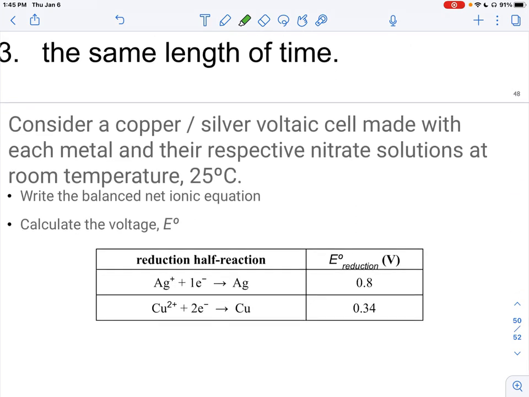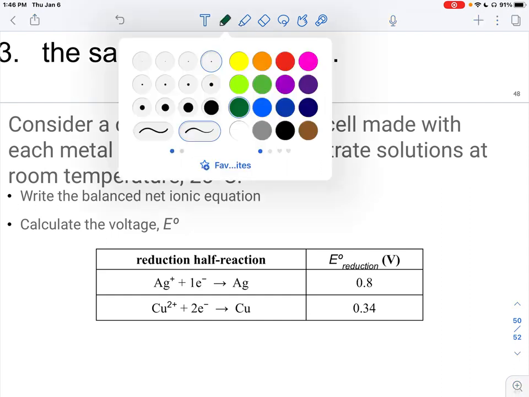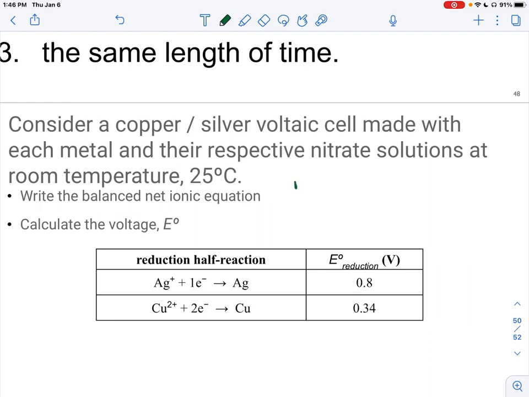So now let's take a look at something that's maybe not one-to-one. If we do a copper-silver voltaic cell, we are not going to be one-to-one because our balanced net ionic equation is going to be... Now the reason I knew that copper was going to be the one that we flip is because that's the only way we could make the voltage E naught a positive number.